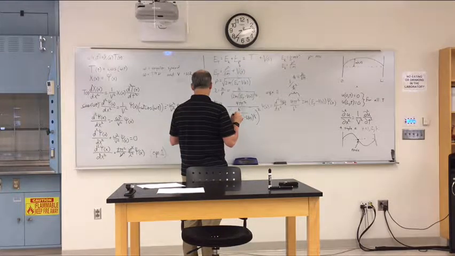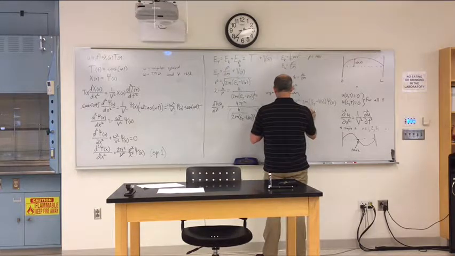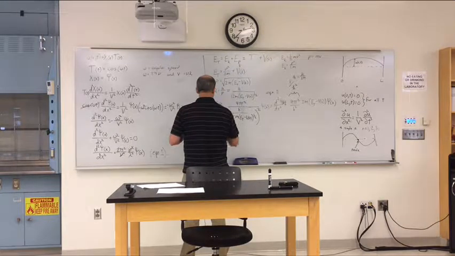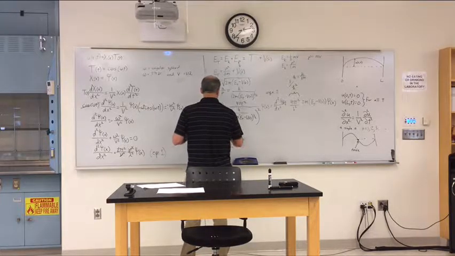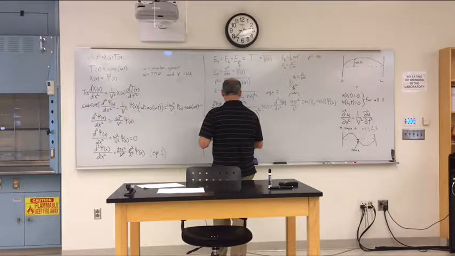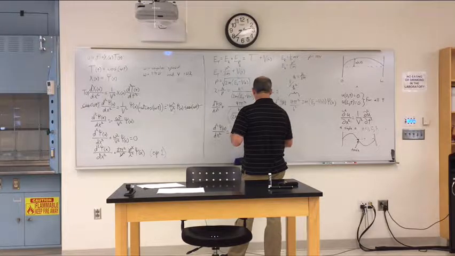So, we can move this to the other side, giving us the second derivative of psi dx squared is equal to 2m over h bar squared, negative (E total minus V of x) psi of x.